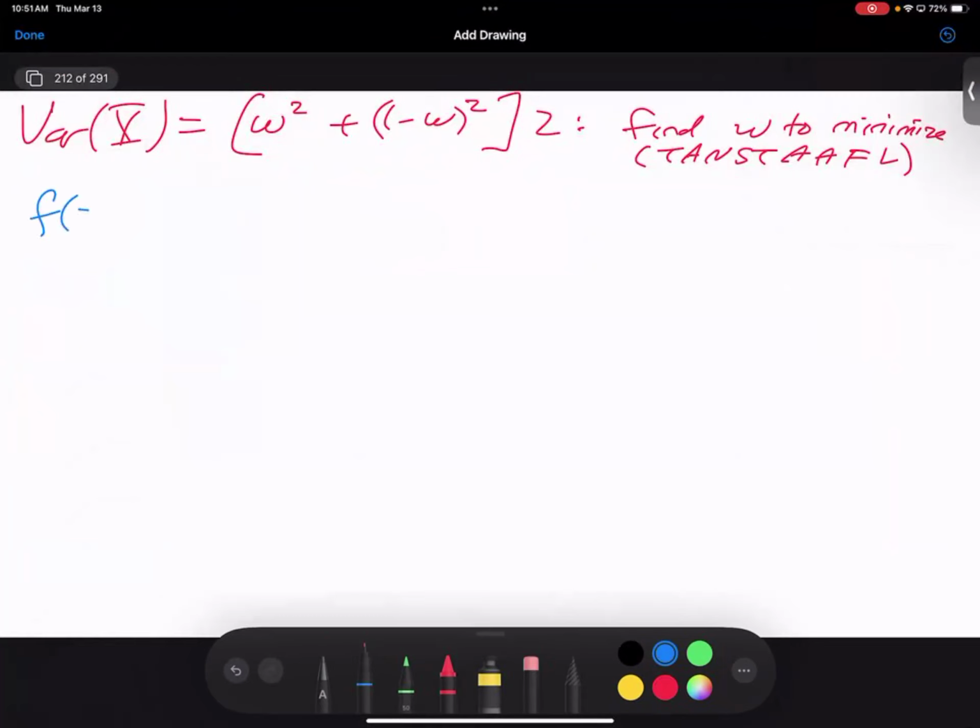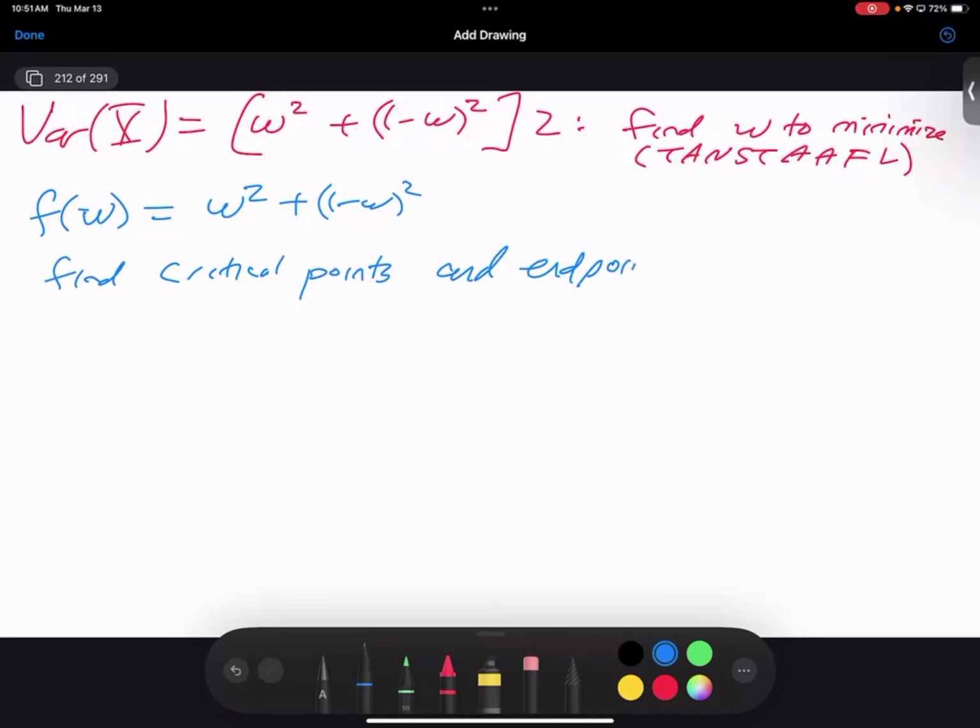And so what we need to do here is let f of w equal w squared plus (1 minus w) squared. Find critical points and endpoints. So f prime of w is going to be 2w plus 2 times (1 minus w) times -1.